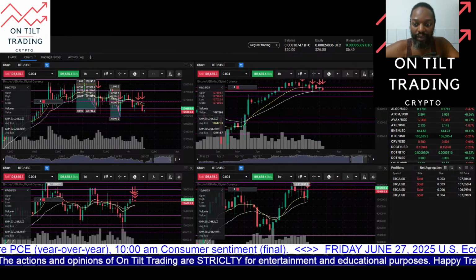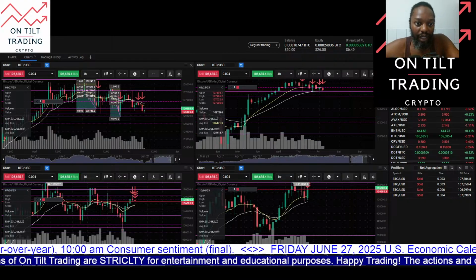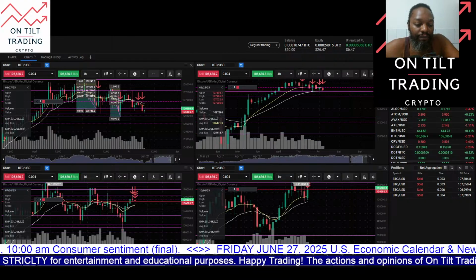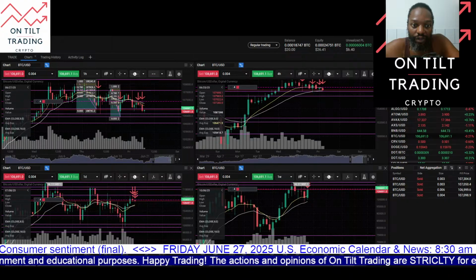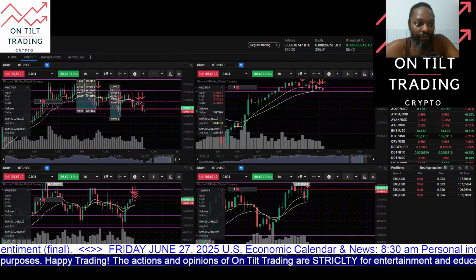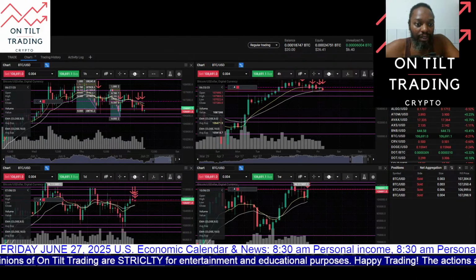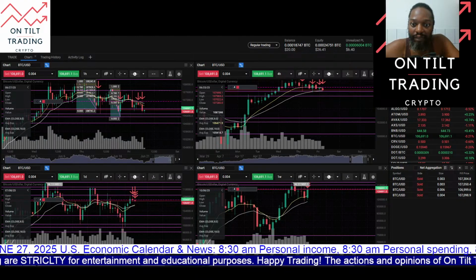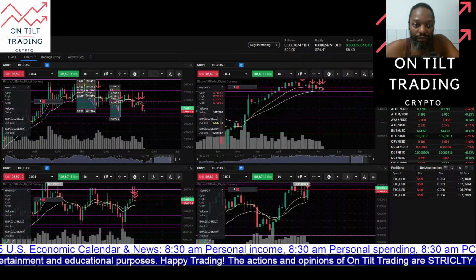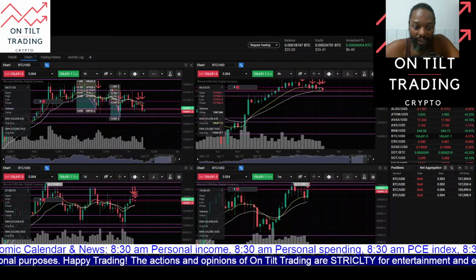Ideally, I'd like to enter one position for each moving average crossover. That's essentially what I'm waiting for, at least on the 1 hour: a moving average crossover. Ideally, I'm getting correlation of the crossovers on the higher time frames.